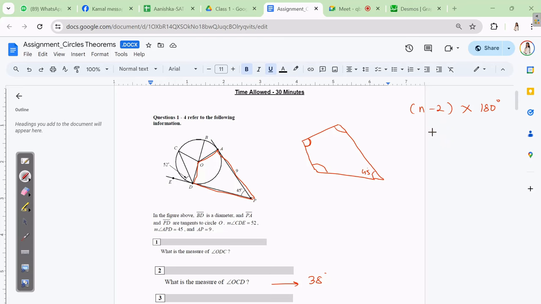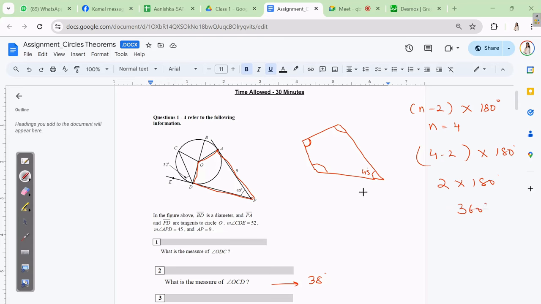So if you want to find the sum of all the angles of a quadrilateral, a quadrilateral has four sides, so n is equal to 4. So you do 4 minus 2 times 180. 4 minus 2 is 2, so 2 times 180 is 360.